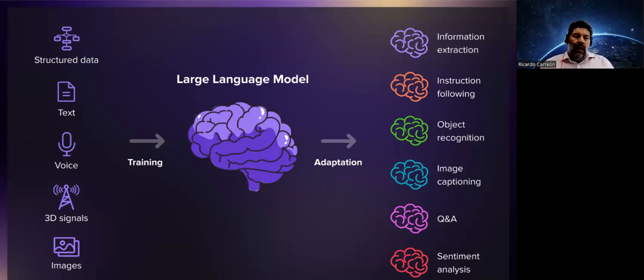You feed all of that into this LLM or large language model like ChatGPT. You go through a process of training it, and then once it's trained, it can provide several different services and can provide information in different ways.